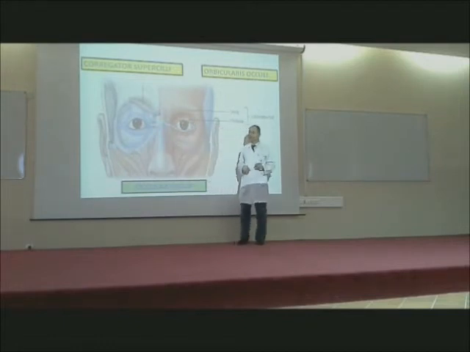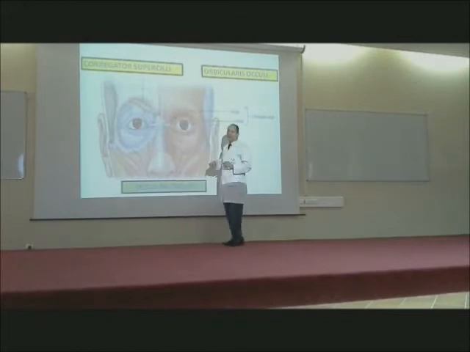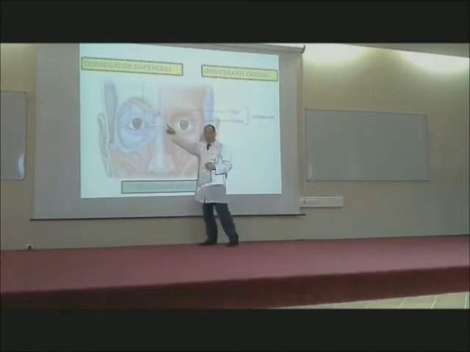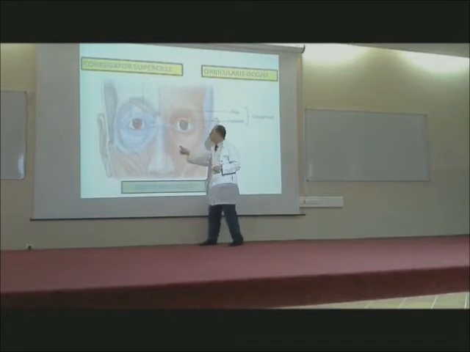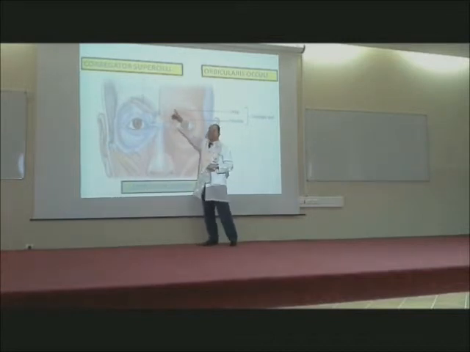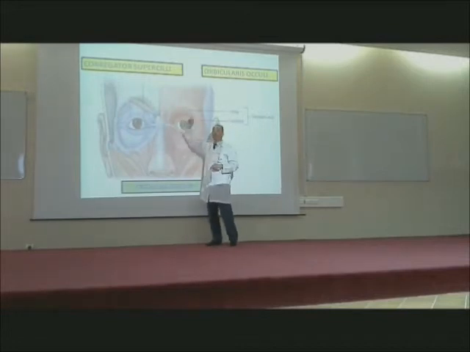On the other hand, as we see, the orbital part has an uninterrupted course. It starts medially from its origin and makes a complete circle to insert again in the medial palpebral ligament, but at the lower border. So, this orbital part forms a complete ellipse around the bony orbit.